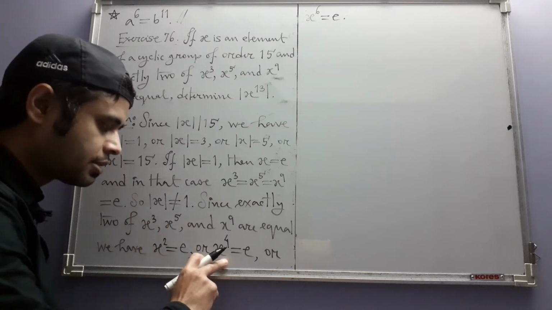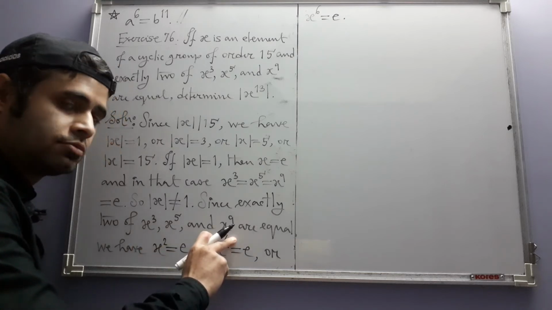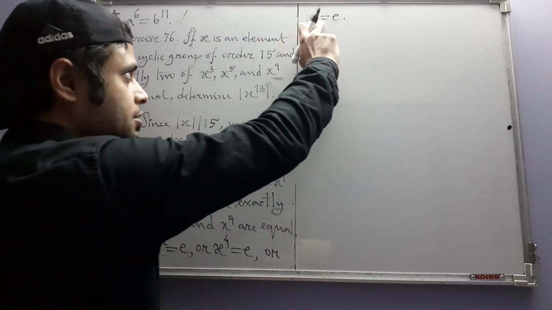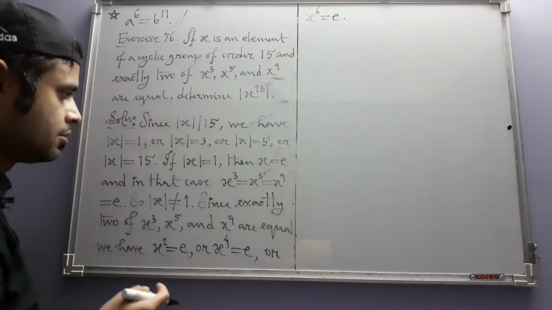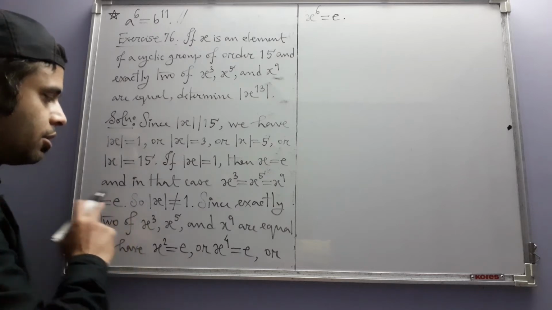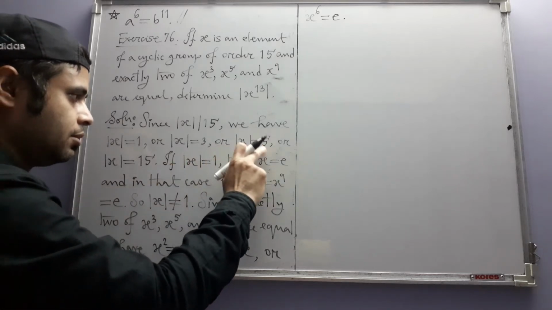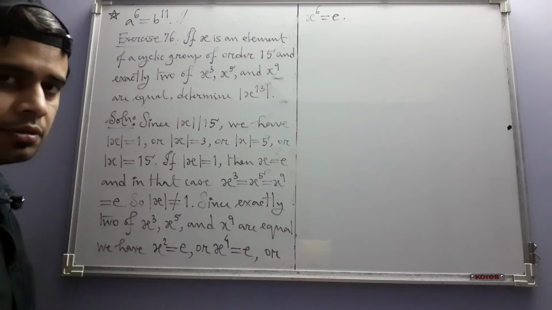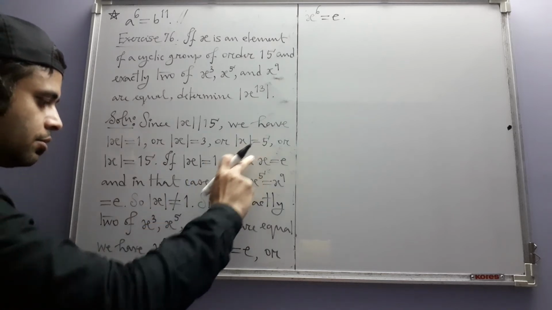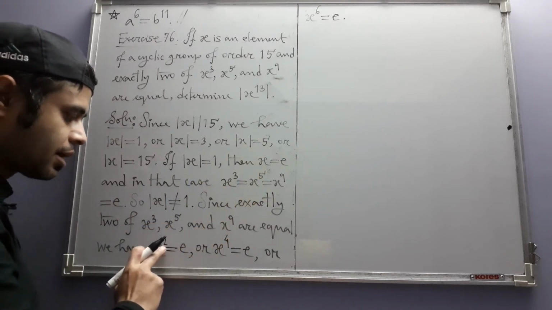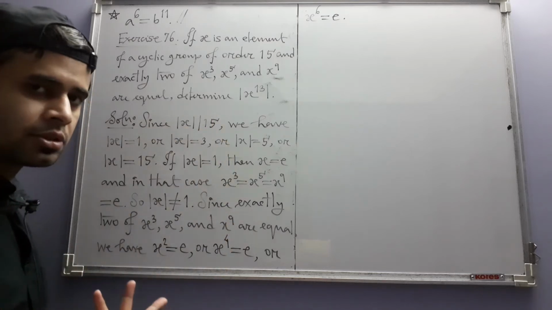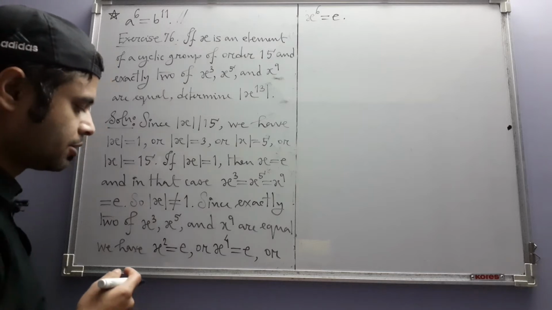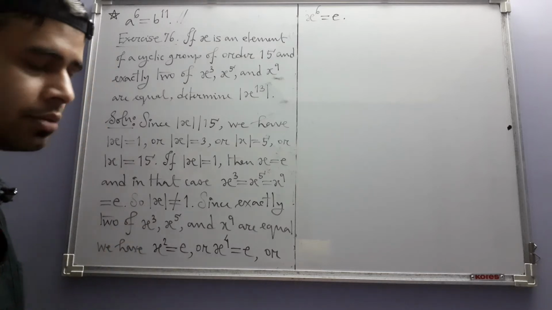If this is the case, then the order of x should divide 4, and if this is the case, then order of x should divide 6. So that means the order of x cannot be 5 or 15, because 5 divides neither 2 nor 4 nor 6, and 15 of course also does not divide any of this, because 15 is in fact greater than them.